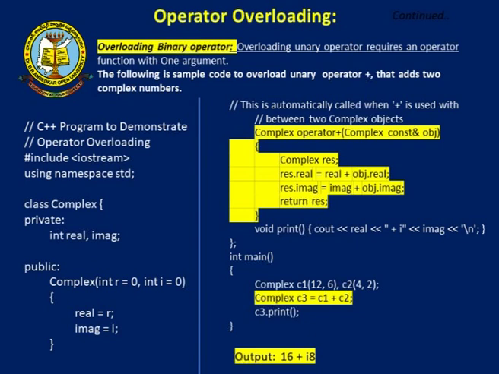Usually the plus is a binary operator that can be applied on two operands, and it produces the sum of the two numbers. But in this case, we are going to overload the binary operator plus in such a way that it is going to add two complex numbers. Generally, when it is applied on two numerical values, it will produce the sum of the two numbers, which is again a single number.